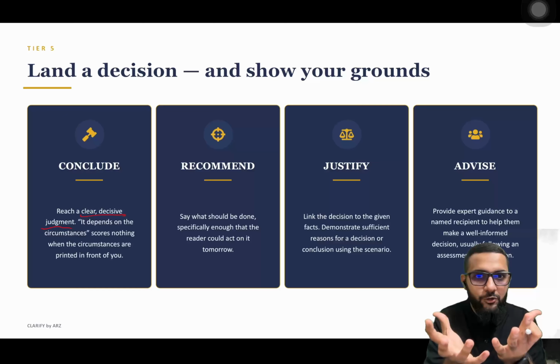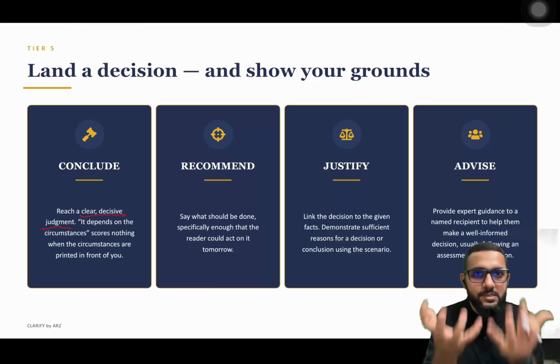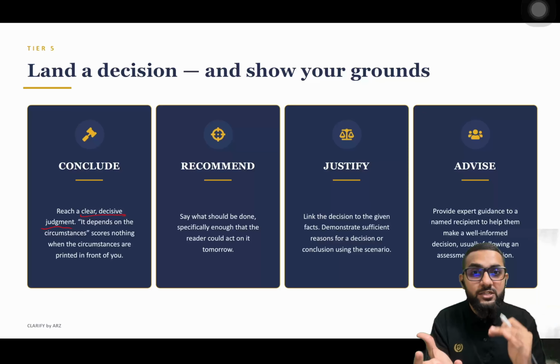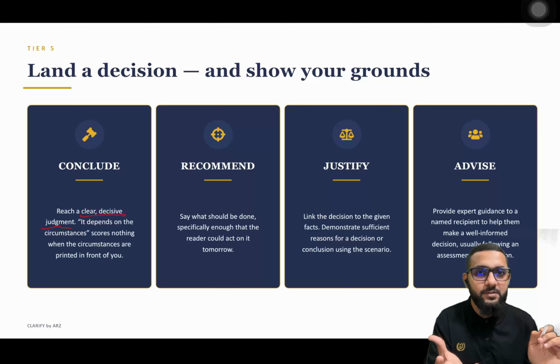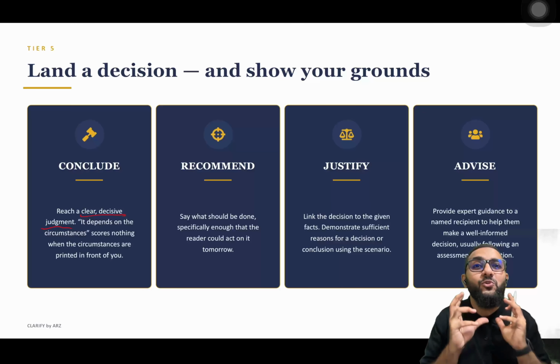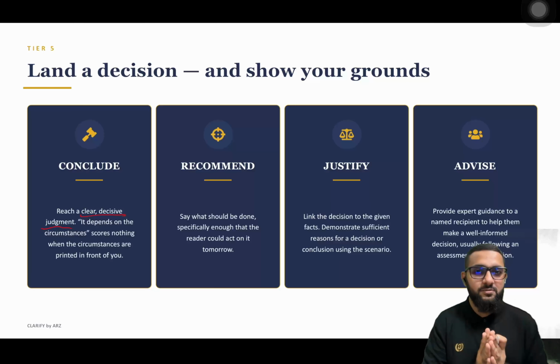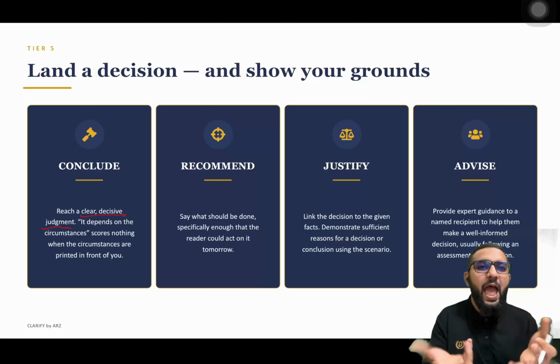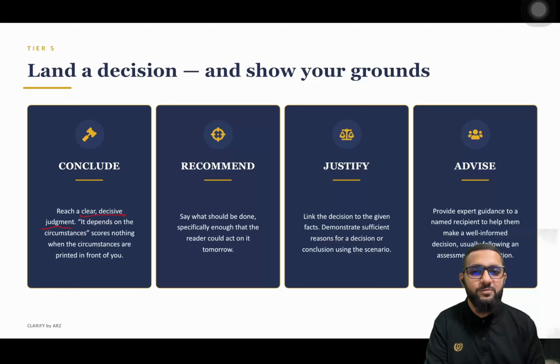The scenario is given to you. You can read the scenario and understand the situation. When conclude is what is required, you can't say it depends on the scenario or circumstances. You have to come to a decision. Look at the scenario, the circumstances and the exhibit, and arrive at a conclusion.